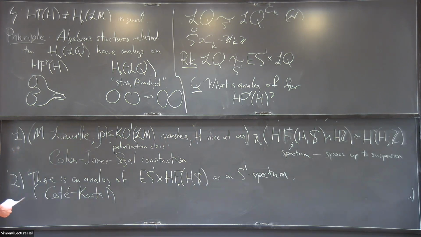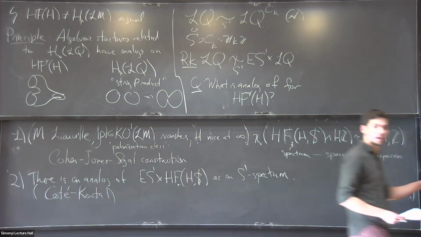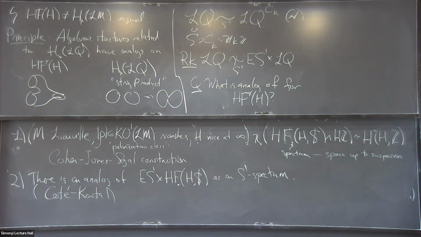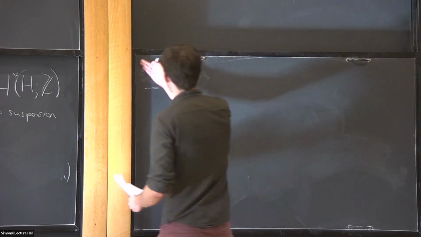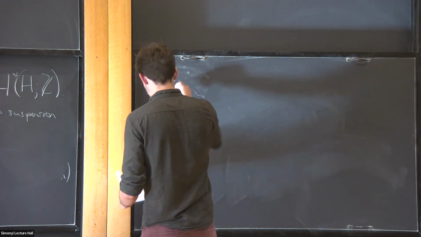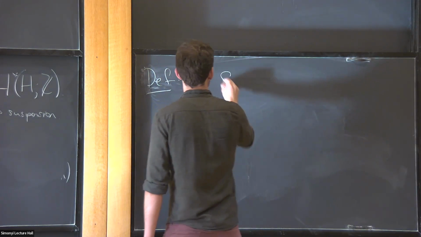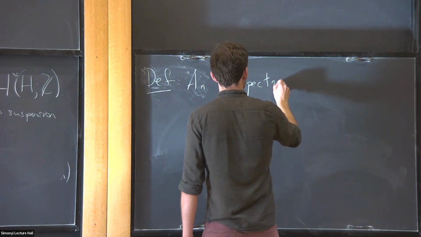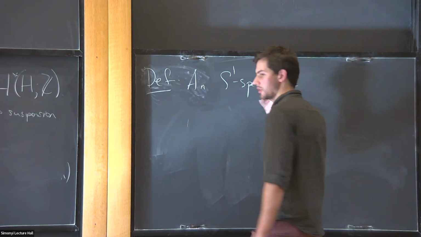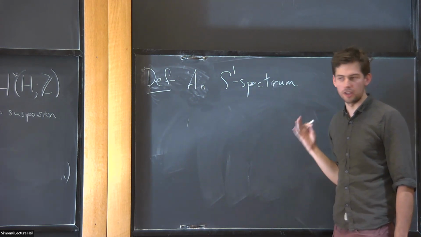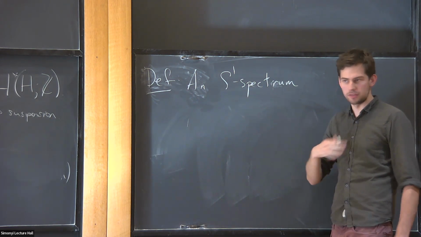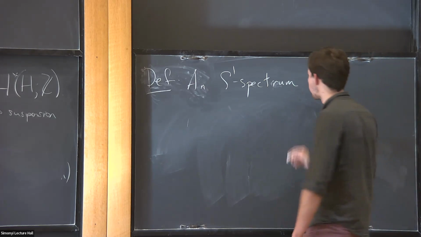Okay, so now I will say something that I've thought about for a long time. It's a work in progress. Really not much work to do. Let me make a definition before stating something. The definition: an S1 spectrum. When you think spectrum, you should just think space up to stabilization. It's very close, and the way I think about them, I actually construct them essentially by explicit colimits of spaces.